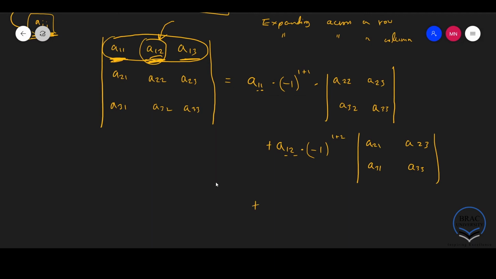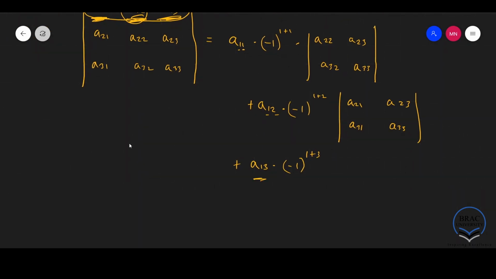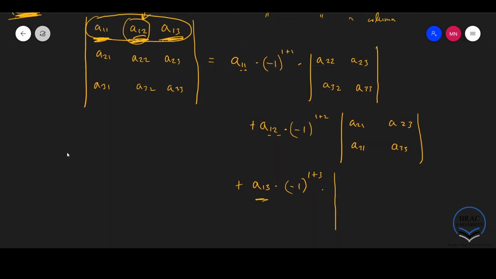And then finally, I consider the last entry here, A13, times its cofactor. So I will have -1 to the power of 1 plus 3 times the minor of this entry. The minor of this entry will be these 4 entries here: A21, A22, A31, A32, right?